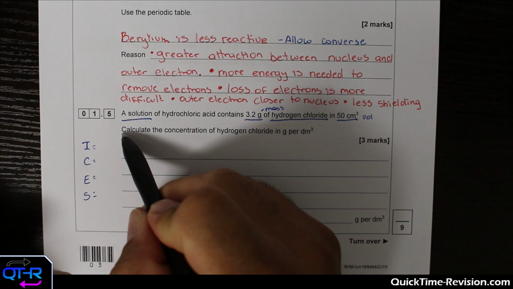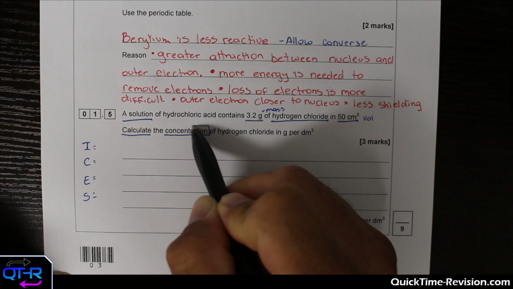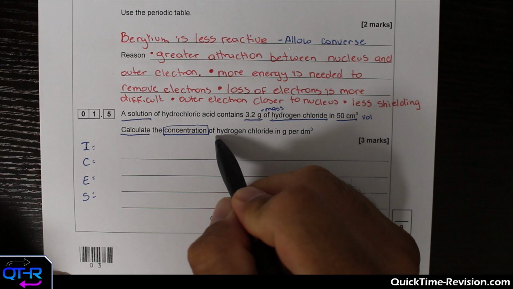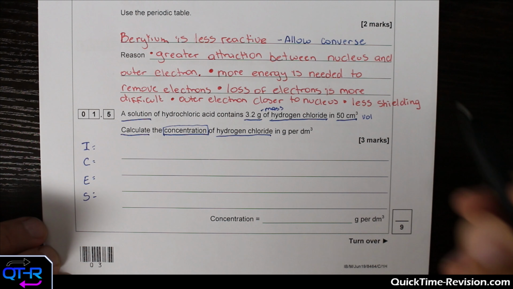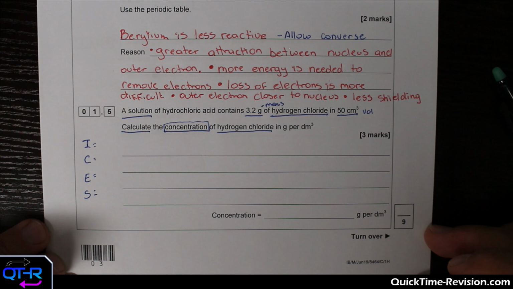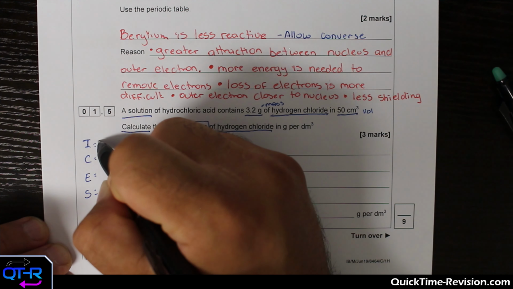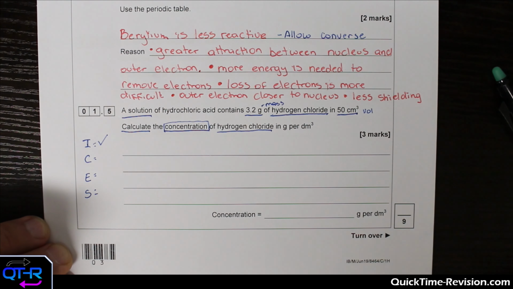Okay, now they're asking me to calculate the concentration of the hydrogen chloride. This is telling me that I need to use the concentration equation to solve this. Okay, so now that I've underlined my information, I can take that off.